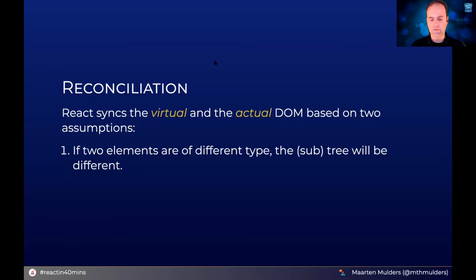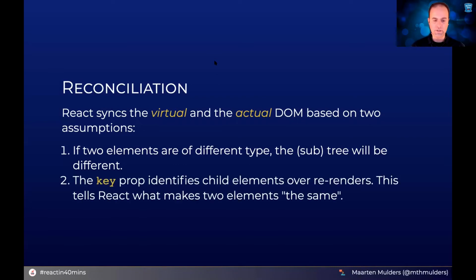That allows React to do some optimizations. And the second one, which is probably even more important, is that if we have a list of elements, we need to pass the key property to identify the child elements over a re-render. As you have already seen, as soon as I change a property, a component will re-render. So how will React know which elements are still the same and which are not?